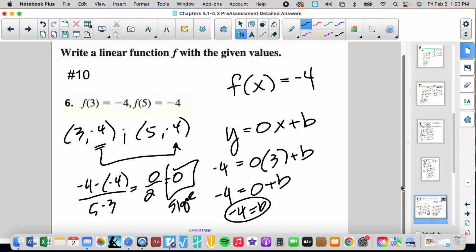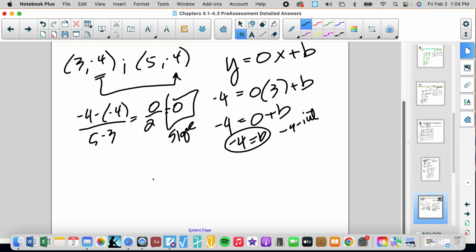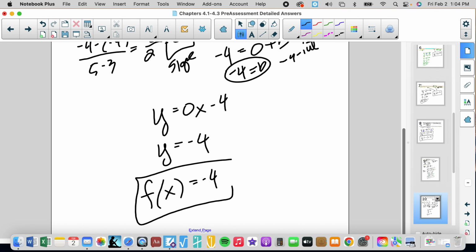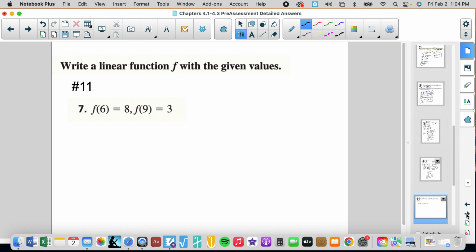I have my y-intercept. And then I can write an equation. Y equals 0x minus 4, which needs to be simplified to y equals -4. And then we write it in function notation. That's the long way.